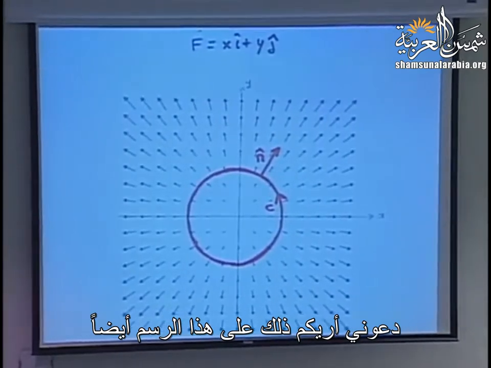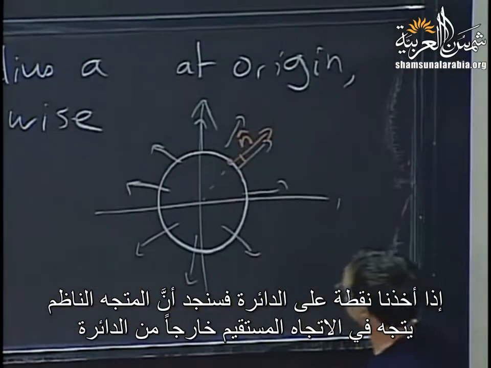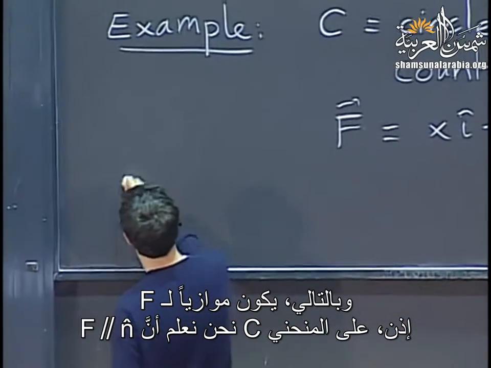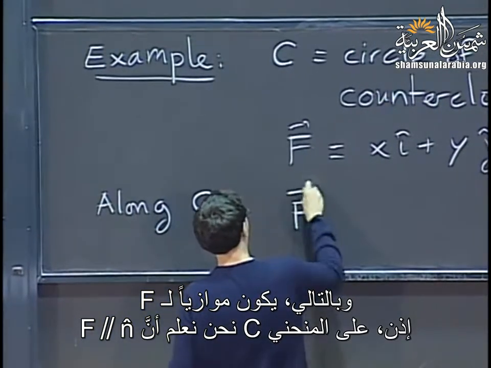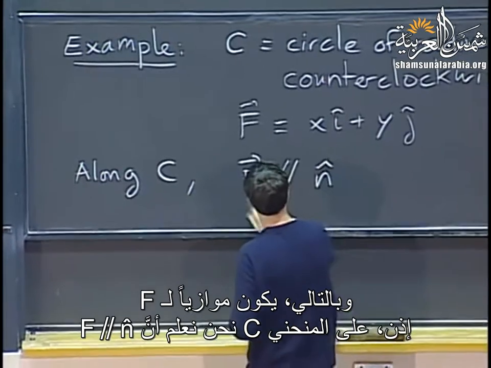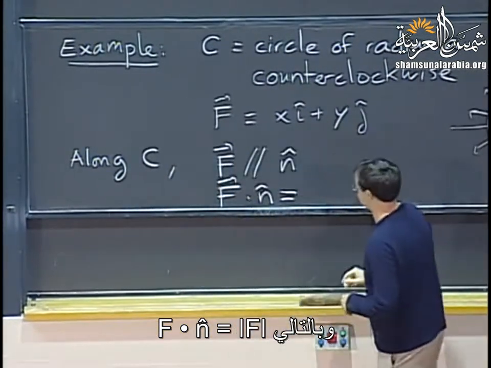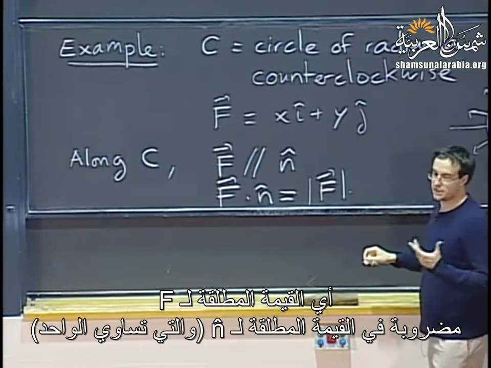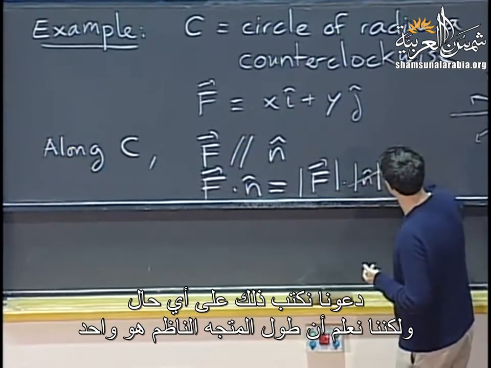If I take a point on the circle, I have my normal vector pointing straight out, so it's parallel to F. So along C, we know that F is parallel to N, so F dot N will be equal to the magnitude of F, times the magnitude of N, but that's 1. Let me put it anyway, but that's a unit normal vector.